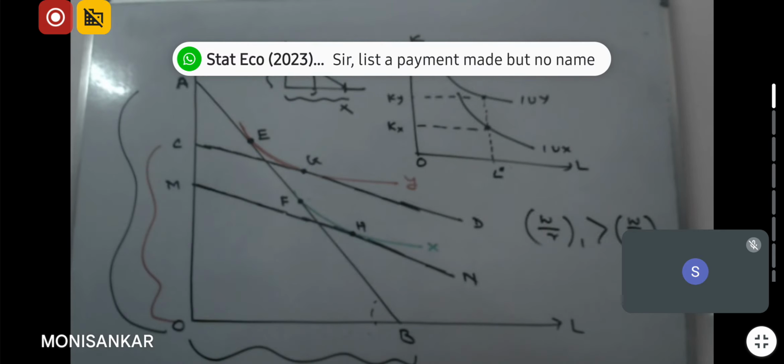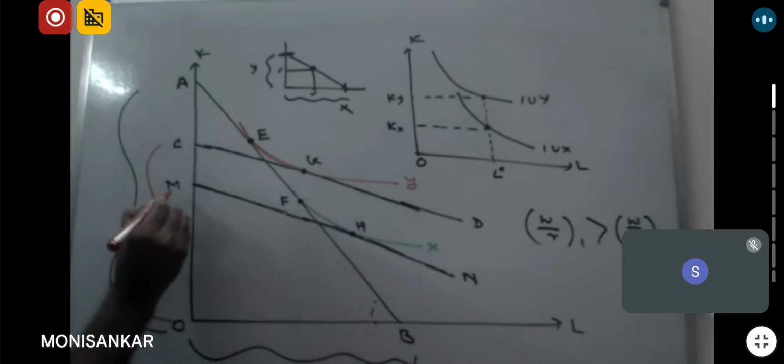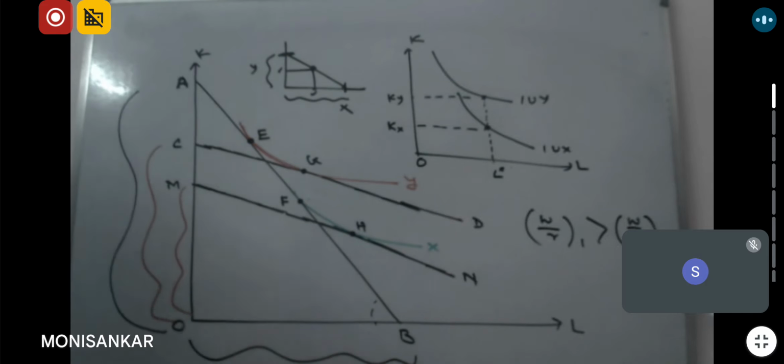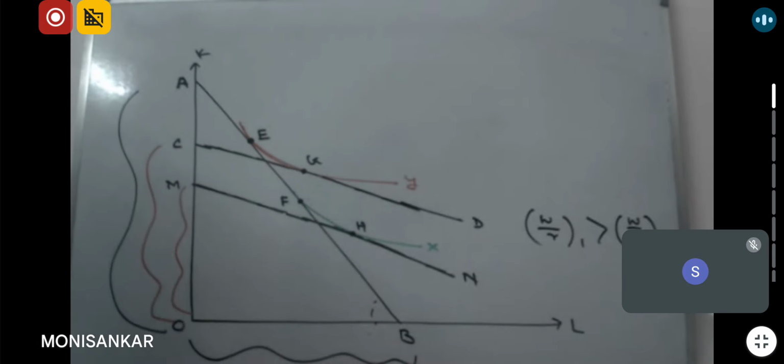Okay, and to produce 1 unit of X, this amount of capital. So here we measured everything in terms of capital. So look, in terms of capital, this is the key area to understand this matter.